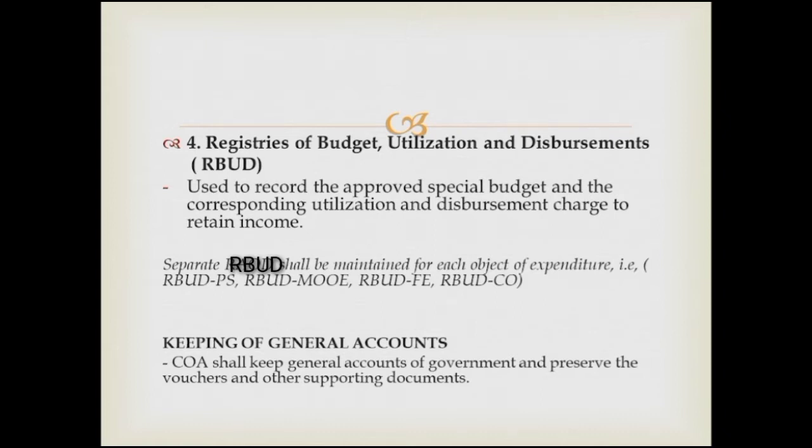Separate RBUDs are also maintained for each object of expenditures. So we have here the RBUD PS, RBUD MOOE, RBUD FE, and the RBUD CO. In keeping the general accounts, the Commission on Audit or the COA shall keep the general accounts of the government and preserve the vouchers and other supporting documents.